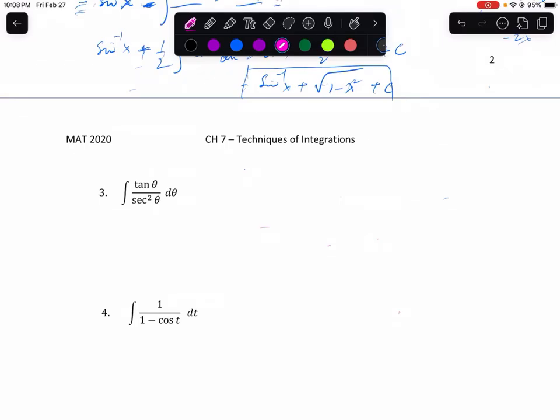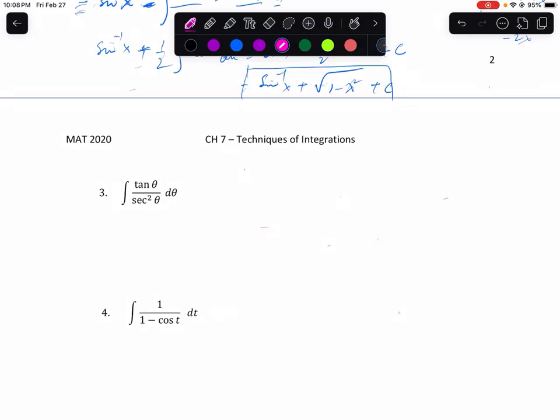Continuing with section 7.5. This is the third example, and in here what we want to do is probably simplify and get things in cosine and sine.